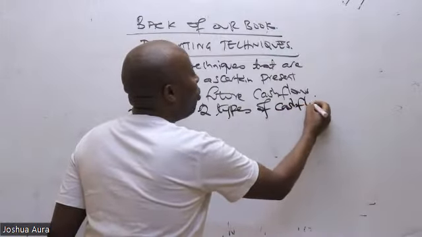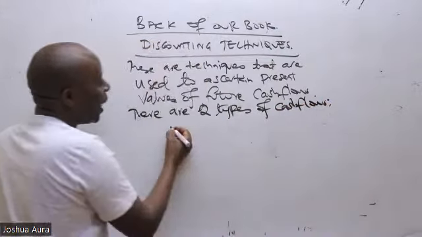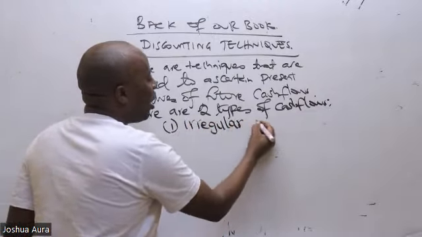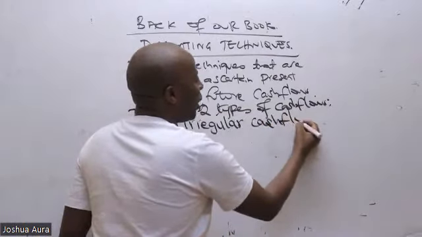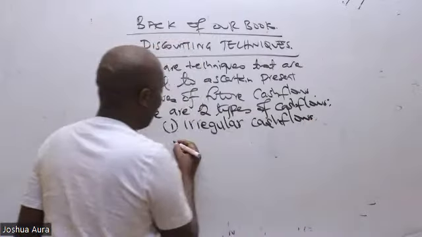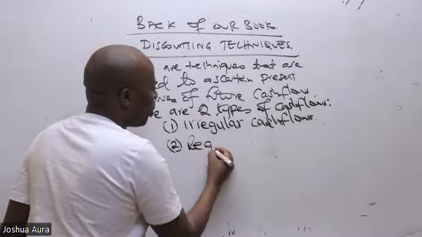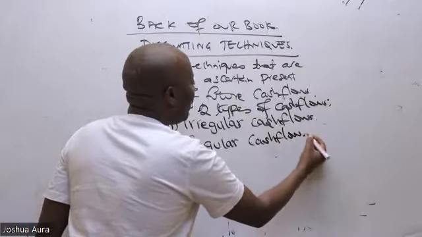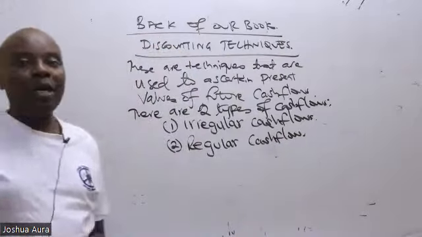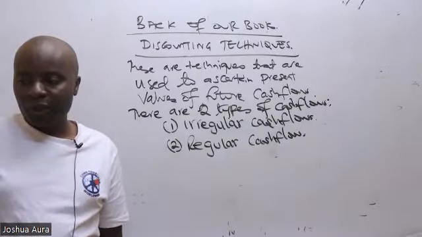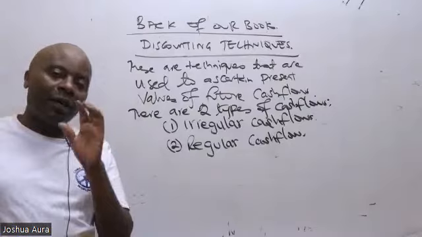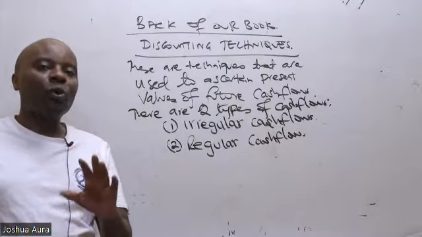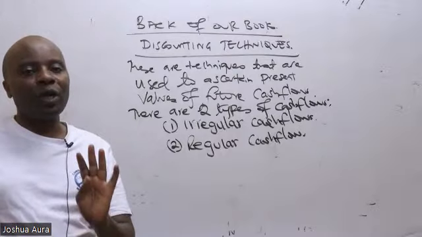Number one, we have what we call irregular cash flows, and then number two, we have what we call regular cash flows. So we have irregular cash flows and regular cash flows. Very important for us to be able to master this from the word go.